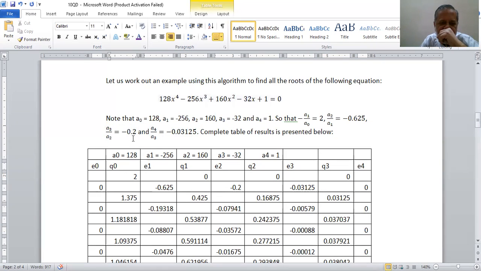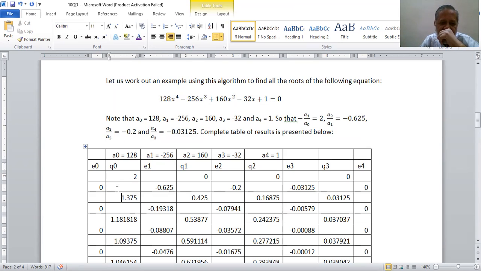So this divided by this is minus 0.2 and the negative of that is plus 2. The first row of Q will have a first element developed using the coefficient of the third degree divided by the fourth degree, and all the rest of the elements in the first row of Q will be zeros.